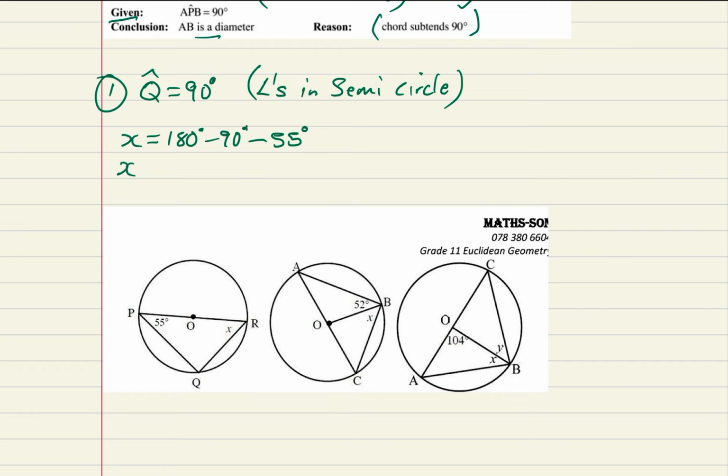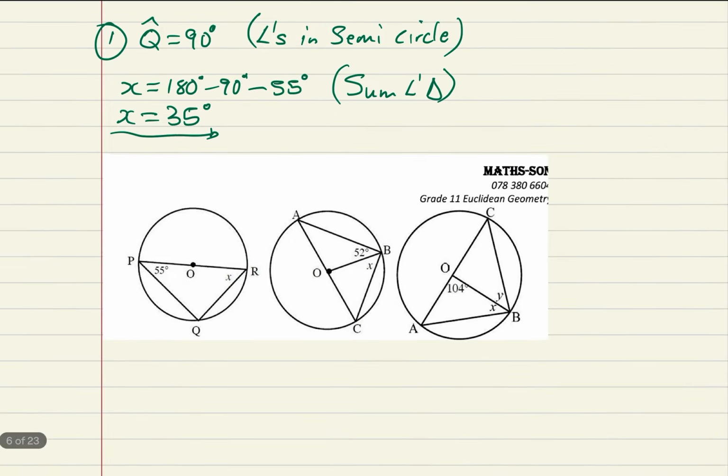Our reason is the sum of angles in a triangle. Hence the answer here will be 35 degrees. That's how you answer such problems.